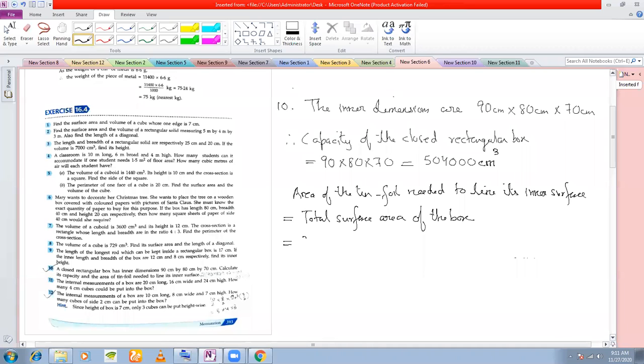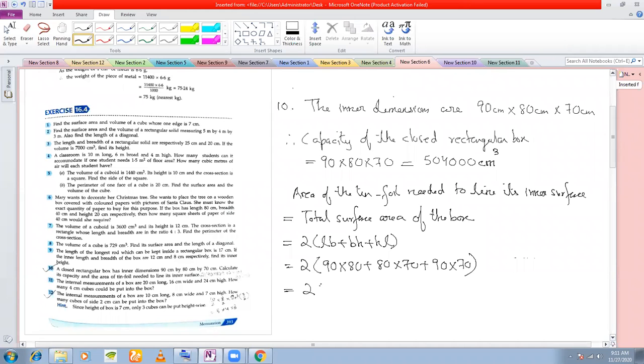And what is the total surface area? Twice L into B plus B into H plus H into L. Put the values here. Twice 90 into 80 plus 80 into 70 plus 90 into 70.